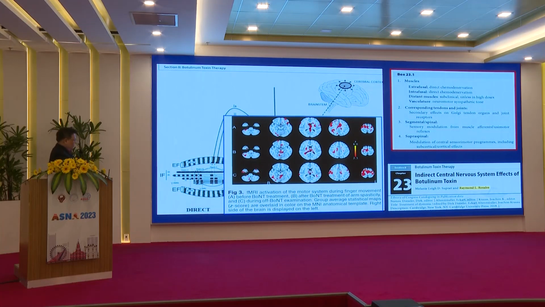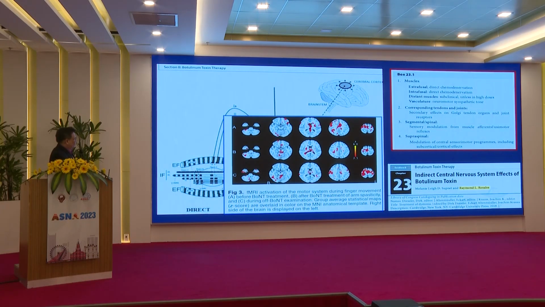Czech Republic, where they looked at the effect of botulinum toxin before injection at T1. And then here is what happens before injection here. And then here is T1, 4 weeks after injection. You can see that it becomes less and less in terms of fMRI changes.